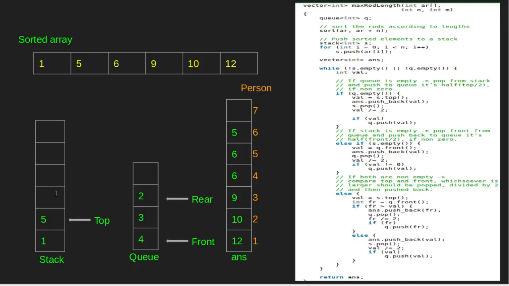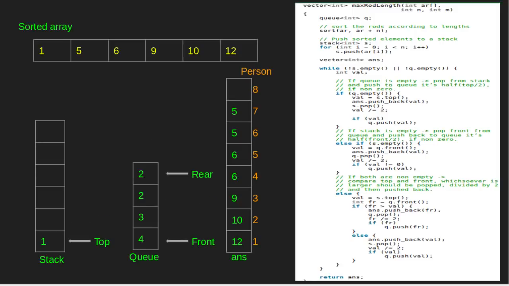Thus, we'll pop 5 and push 5 by 2, that is 2, in the queue. The seventh person gets a rod of length 5. Now, for the eighth iteration, 4 is larger than 1. Thus, we'll pop 4 from the queue and push 4 by 2, that is 2, in the queue. Thus, the 8th person gets a rod of length 4.